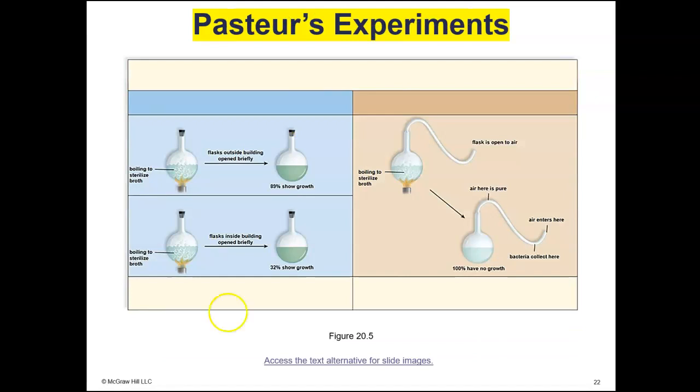This is an illustration of his experiments when he used a flask that had a straight neck, as you see up here at the top, and he boiled the contents of the flask to sterilize what was inside. Then he took the stopper off the flask and exposed the flask to the outside air.